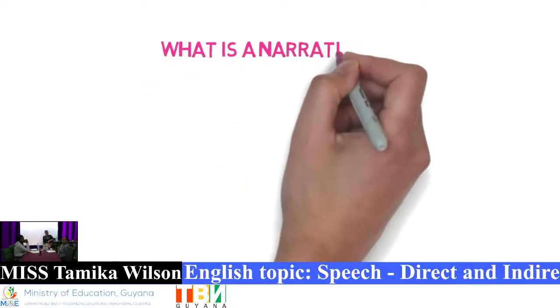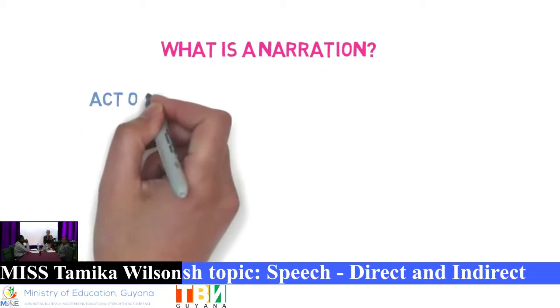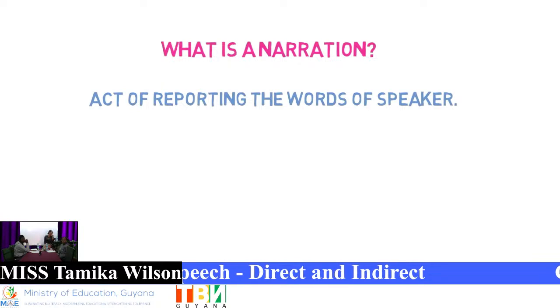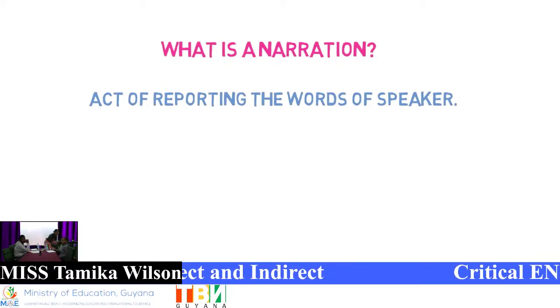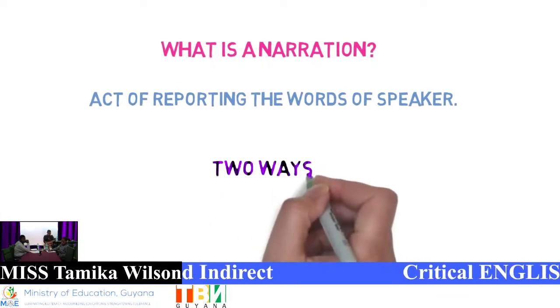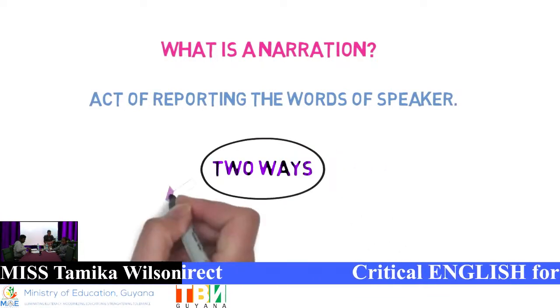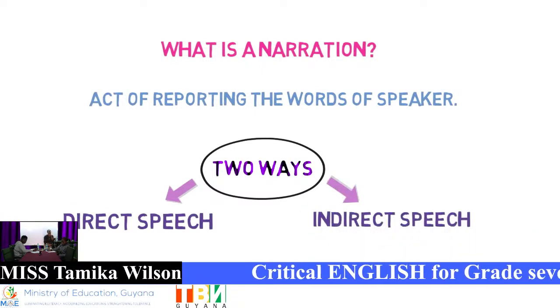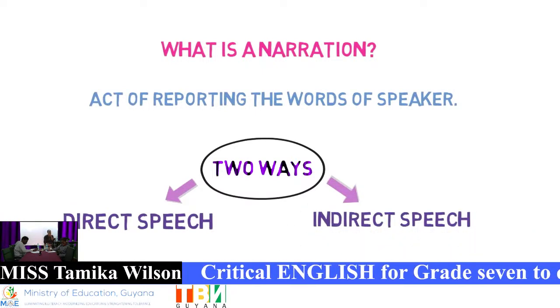What is narration? Narration is the act of representing the words of a speaker. That is, how you are representing the way a person has spoken. There are two main ways of reporting the words of a speaker. First, direct speech, and second, indirect speech. Let's look into each of them in detail.